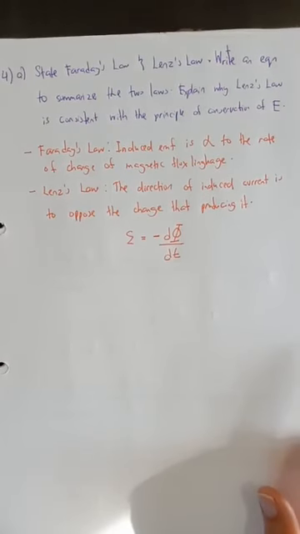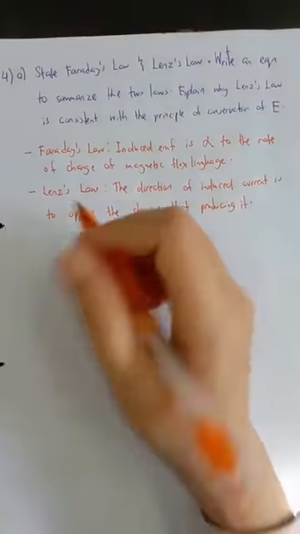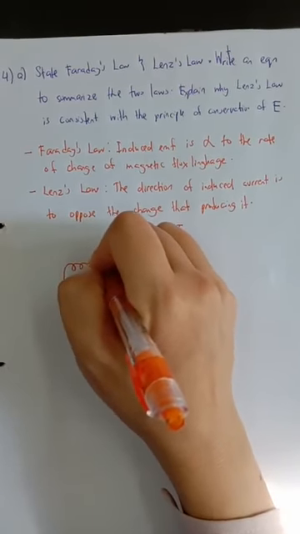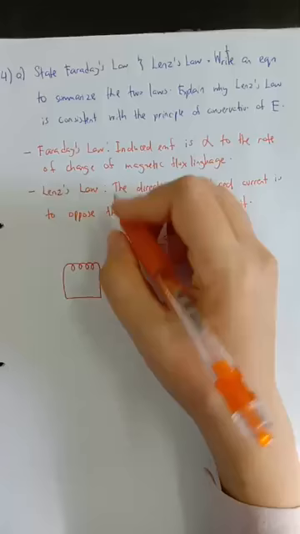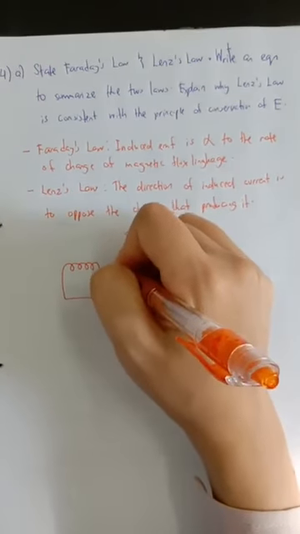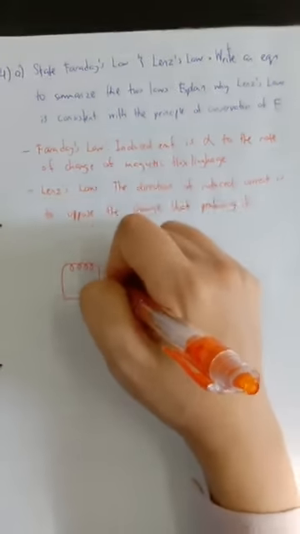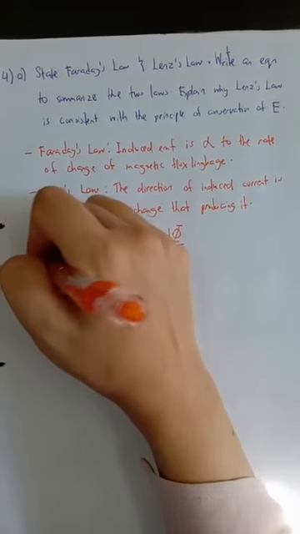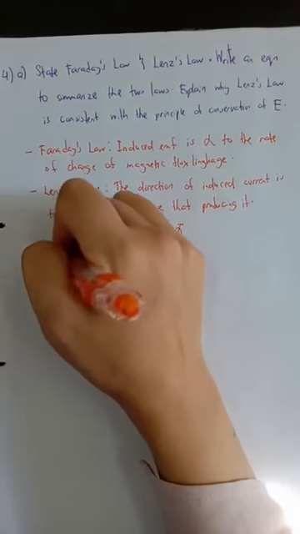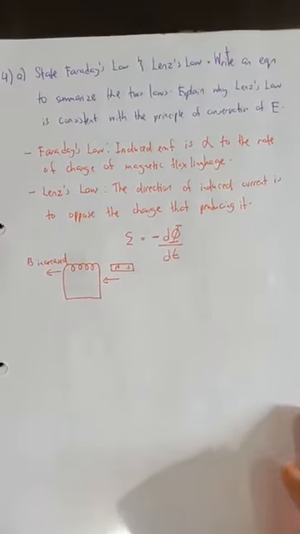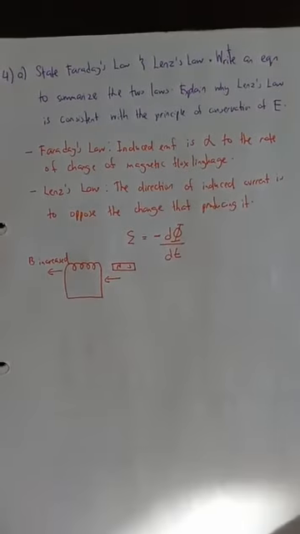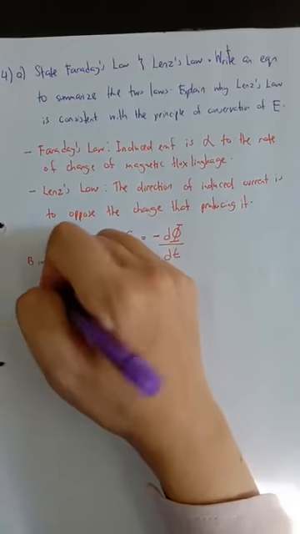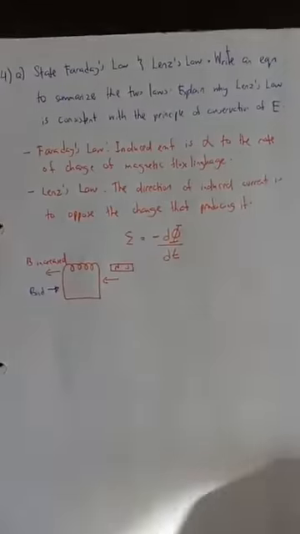So we draw a coil, then a magnet bar that is pushed into the coil. So our magnetic flux B is increased in this direction. And then we have our B induced in this direction. Okay, that's the diagram.